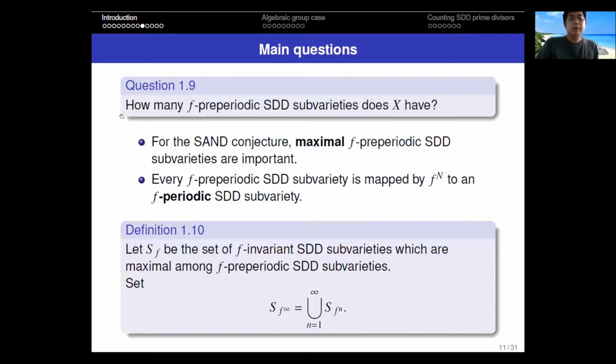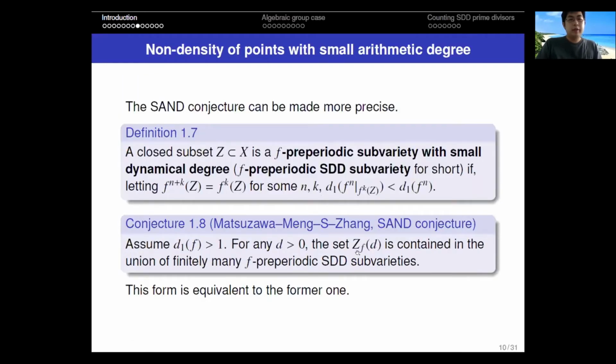So the first question is, how many f-periodic SDD subvarieties does X have? For the SNND conjecture, maximal f-periodic SDD subvarieties are important because we want to consider whether Z_f(d) is contained in finitely many SDD subvarieties or not.